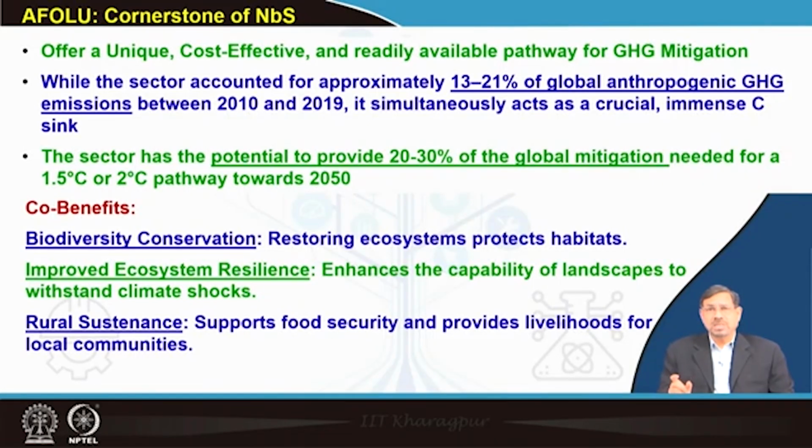Let us understand what can be done for this AFOLU sector under the banner of nature-based climate solutions. And apart from that, through nature-based climate solutions in the AFOLU sector, we also derive other co-benefits in terms of biodiversity conservation, that means restoring ecosystems that protect habitats.